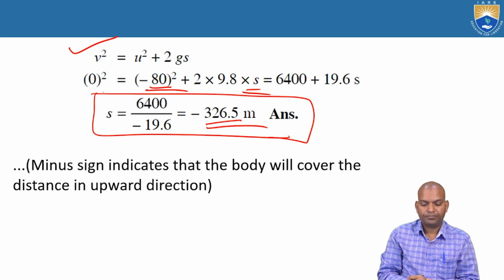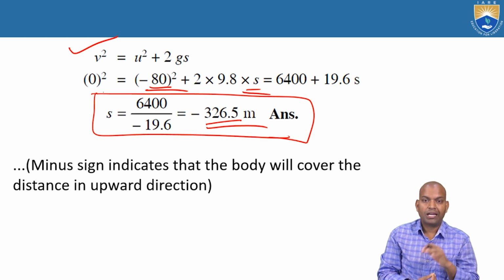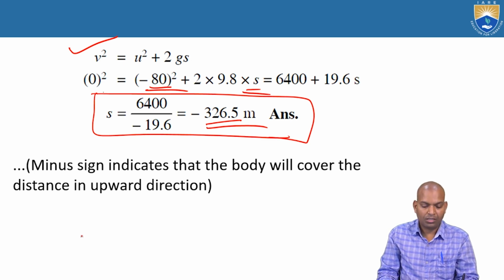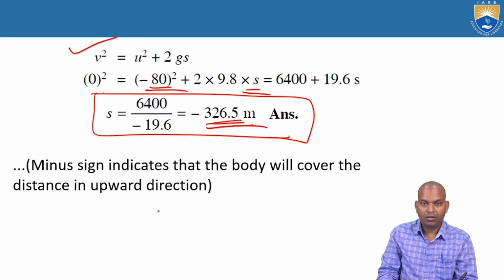What will happen if the initial velocity is high? The height will be high because the final velocity is 0. So it is proportional: the distance depends upon the initial velocity of the body.